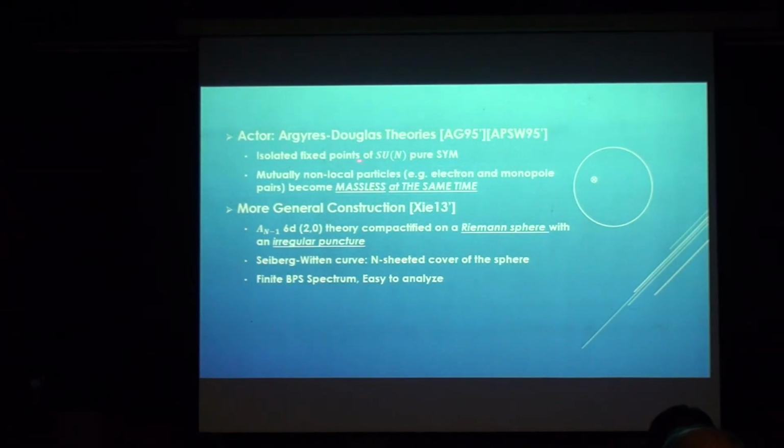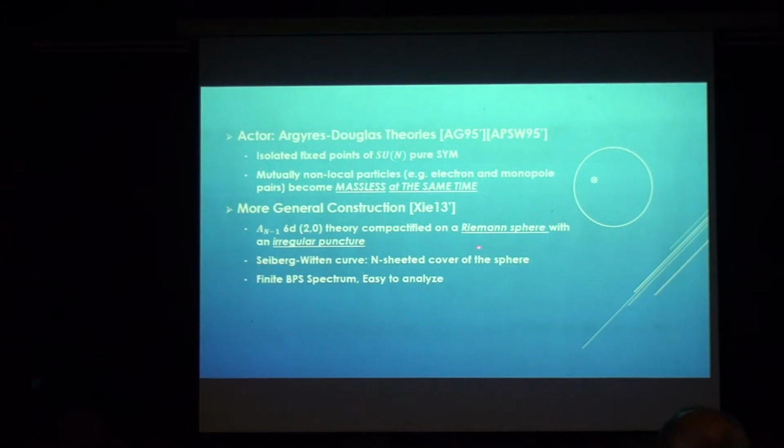They happen when two mutually non-local particles, the electrons and the monopole pairs, become massless at the same time. If we construct it from a geometric construction, that means we compactify the 6D (2,0) series on a Riemann sphere.